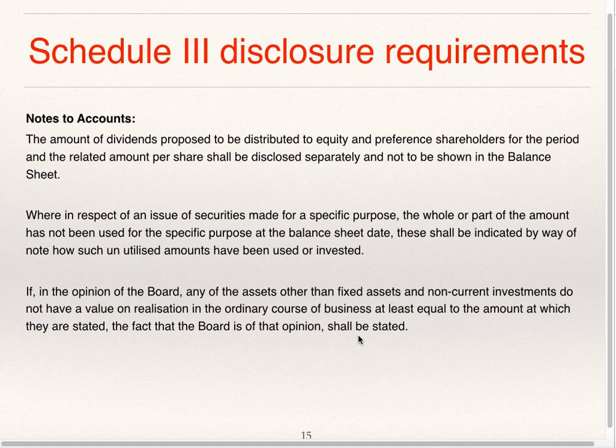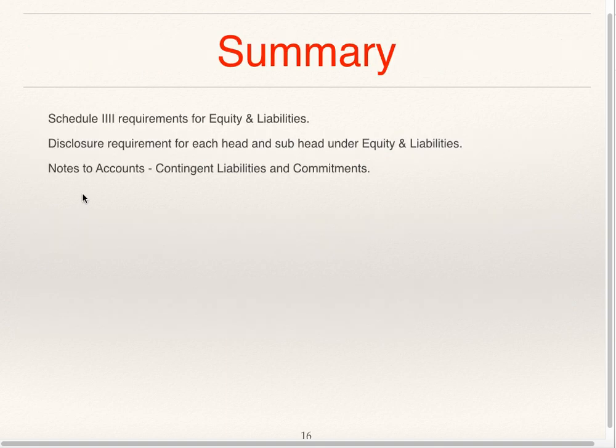If the value of the current asset shown in the balance sheet is more than the value at which it is realized, that is, if by selling the asset the company will not get that amount on realization, then that opinion of the board of directors should be stated by way of notes to accounts.